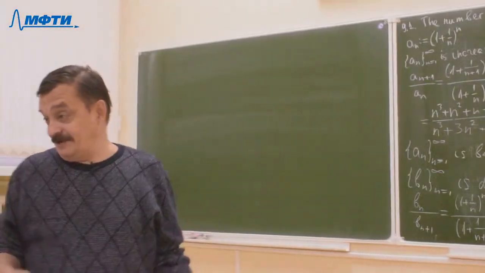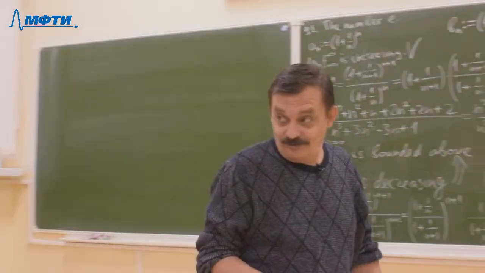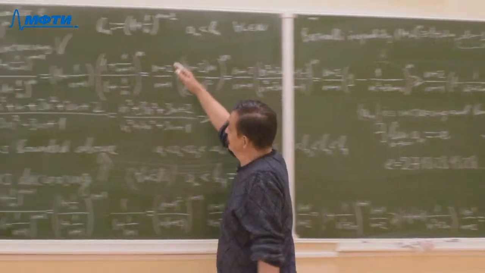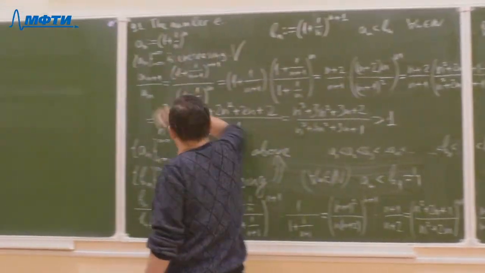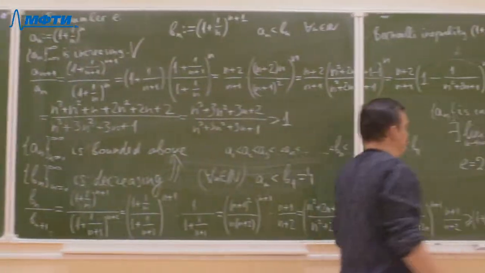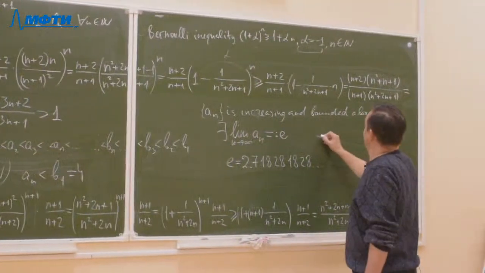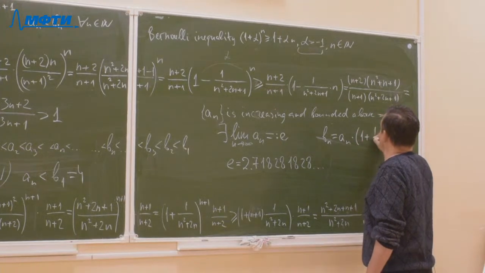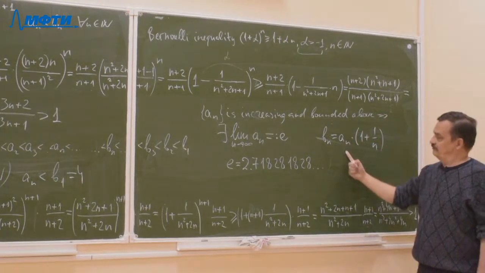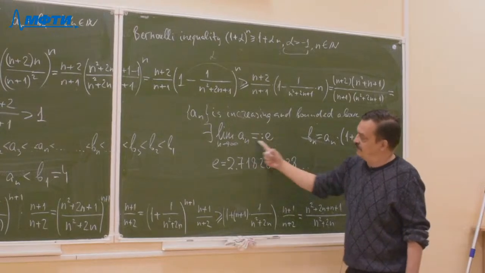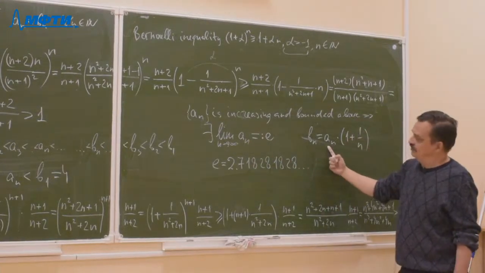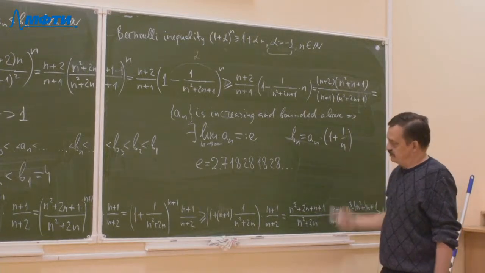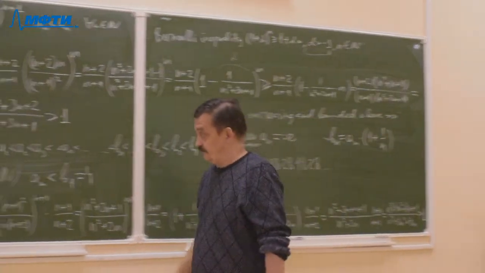Yes, automatically, of course, there is a question, obviously, whether the limit of Bn equals the limit of An. Why? Because Bn equals An times 1 plus 1 over n, right? If so, we now have a limit An equals E, so then the limit of Bn is also E as well, right?